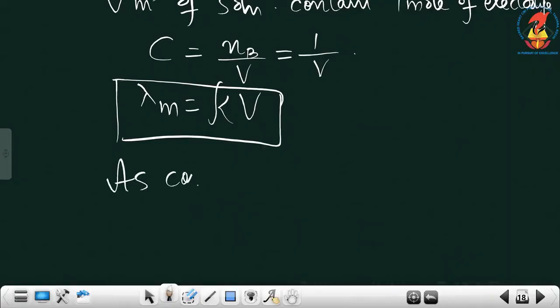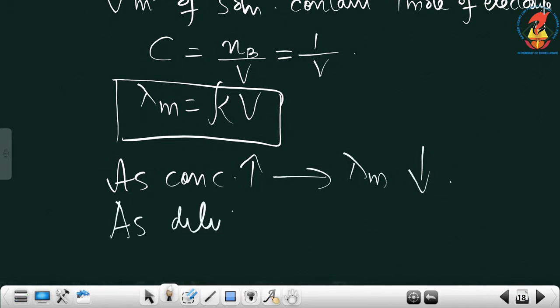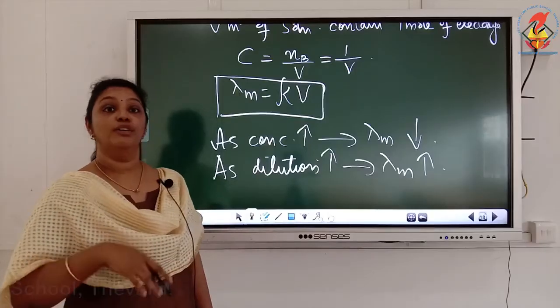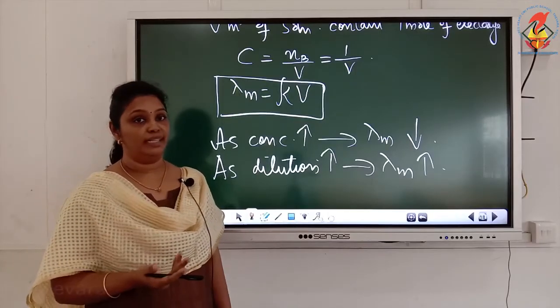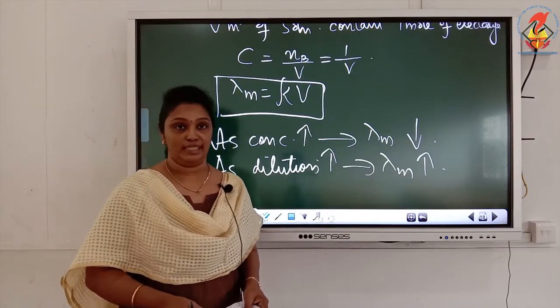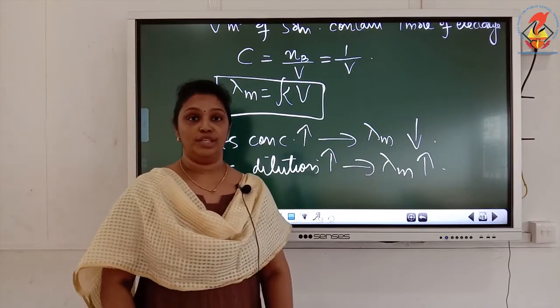As concentration increases, lambda m decreases. But as dilution increases, lambda m increases, because as dilution increases, volume increases, and molar conductivity increases.